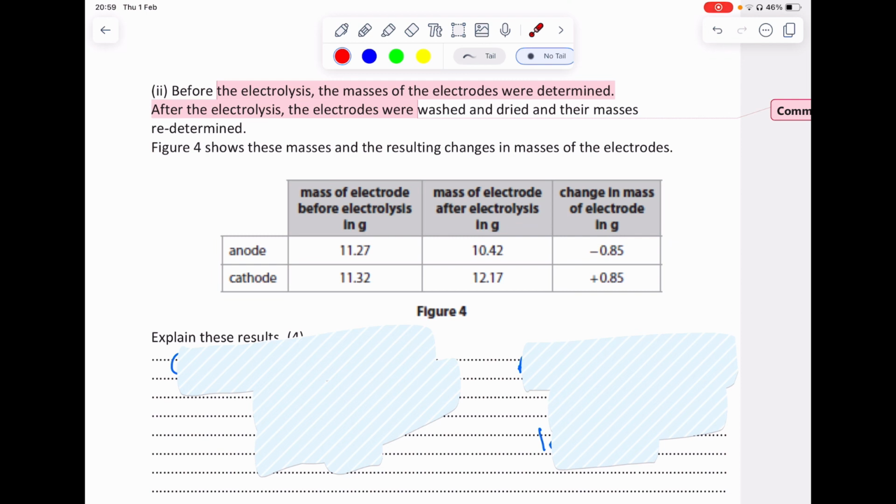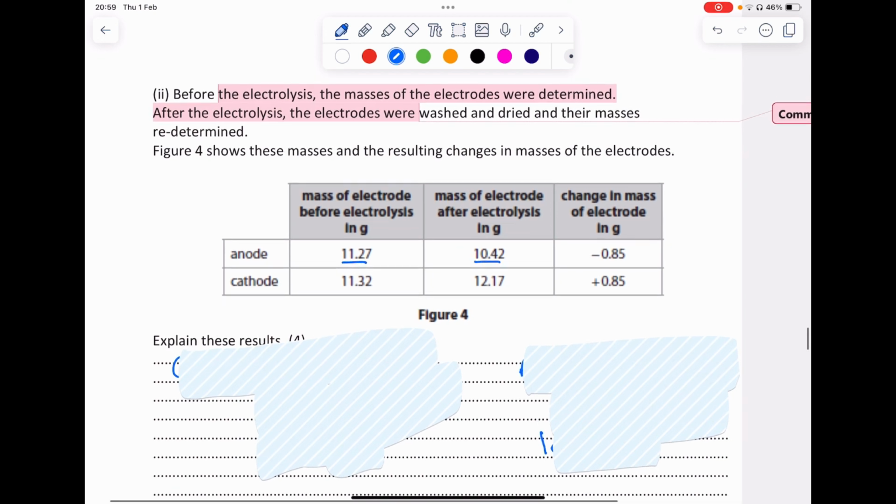Okay, in this experiment we're doing electrolysis and it tells us here that the anode has actually gone from 11.27 to 10.42, so therefore it has lost mass. So the anode has a loss in mass, and the cathode has gone 11.32 to 12.7, so it has gained mass.